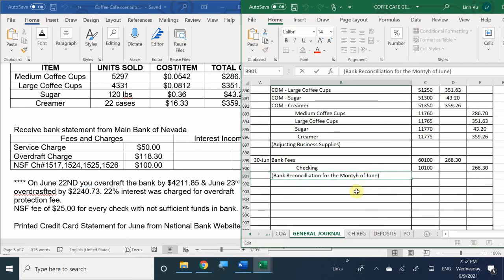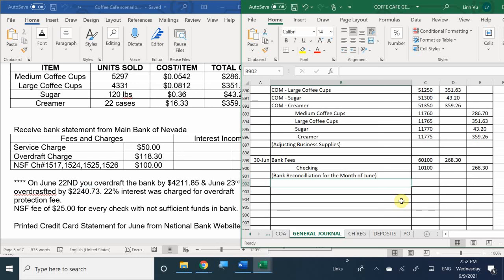The key notion here is that when you reconcile your bank account with your own accounting, we kept a pretty good track of our banking, right? The only thing that we don't know that the bank does know is that they charged us a whole bunch of stuff. So in this case, we need to update our ledger so that our bank accounts match on both our end and their end.